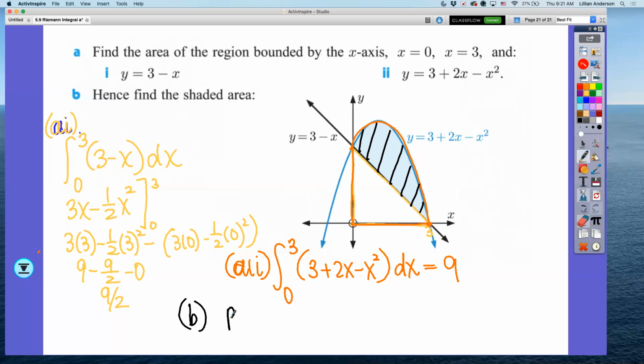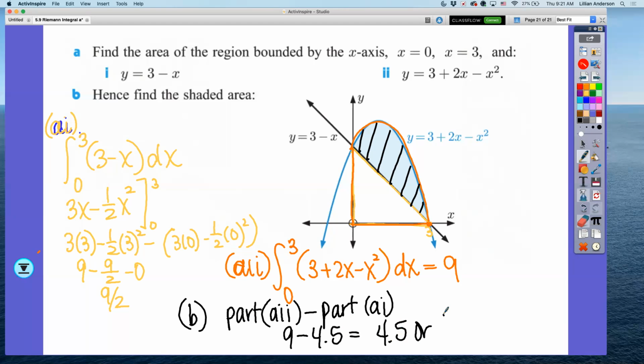So I'm going to basically take your answer from part A(ii) and subtract it from your answer from part A(i) to get the area of the shaded region. And what's 9 minus 4.5? Or 9/2.